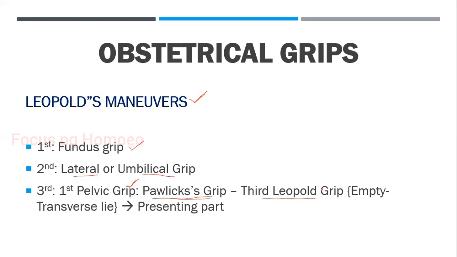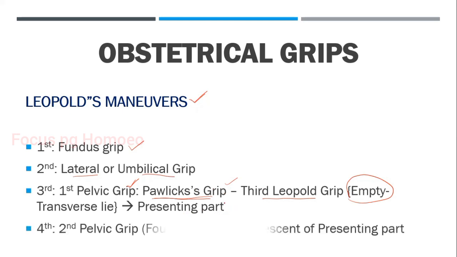If there is a transverse lie, this first pelvic grip is empty, whereas in longitudinal lie, it is usually the presenting part, most commonly vertex, and it can be felt. So this grip is usually to know the presenting part.